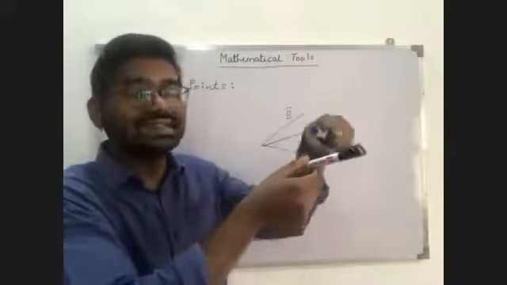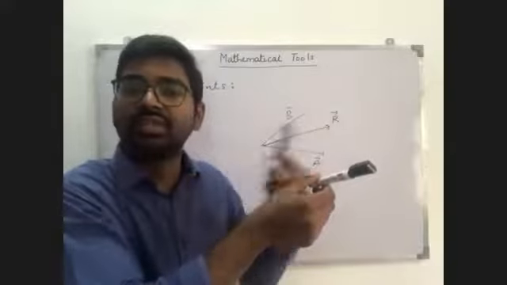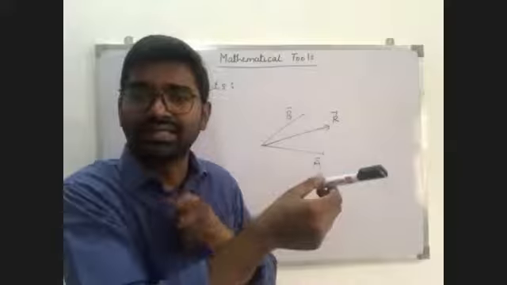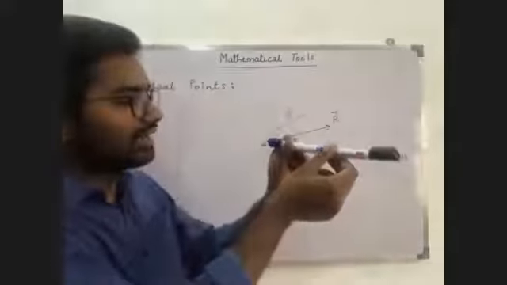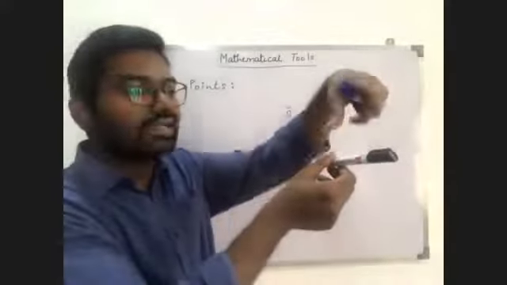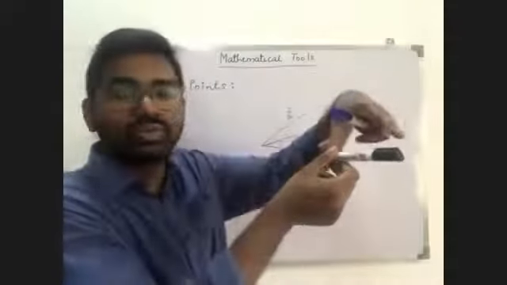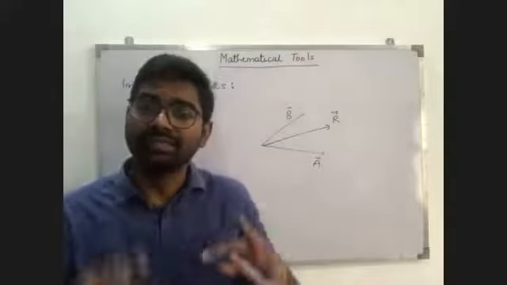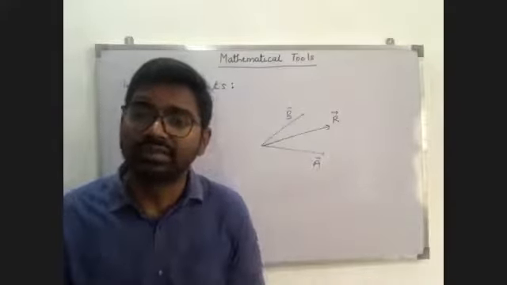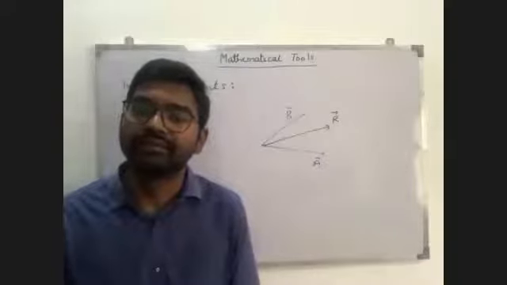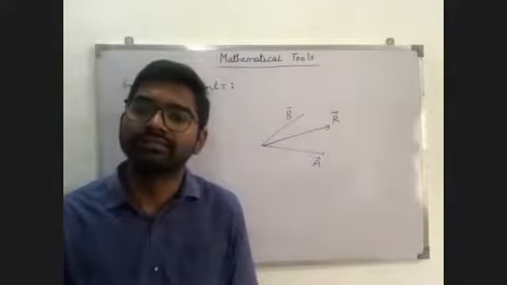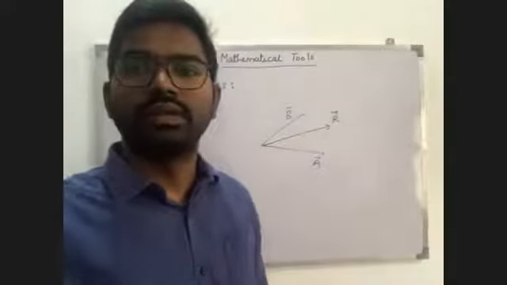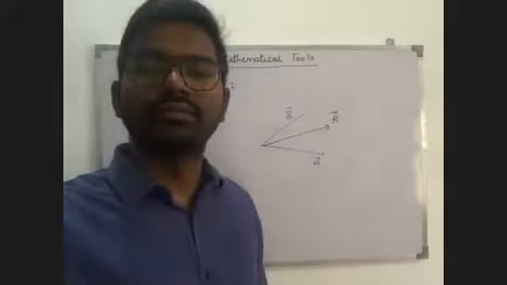This is the resultant of three vectors which are non-coplanar. Now I have to add a fourth in the opposite direction, and if the magnitude of the fourth is equal to the resultant of the three, then the summation becomes 0. Means the minimum required is 4 vectors if they are non-coplanar. Clear? Guys, is it clear to everyone?